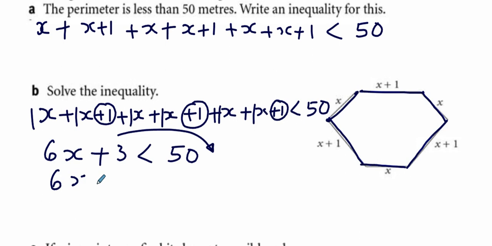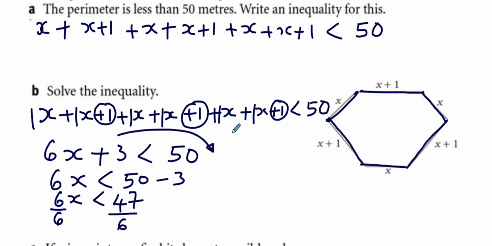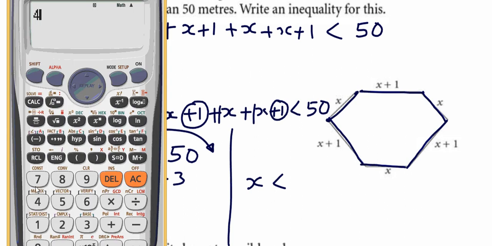This will be 6x is less than 50 minus 3. 50 minus 3 will be 47. Find the value of x. We need to divide by 6. So this will be x is less than 47 divided by 6.